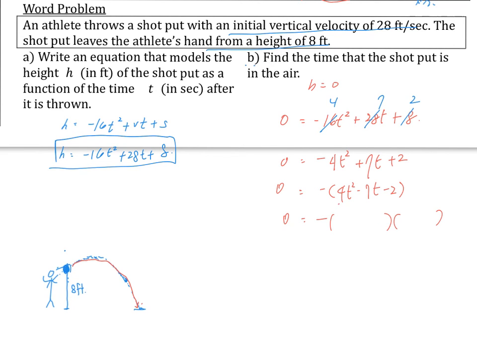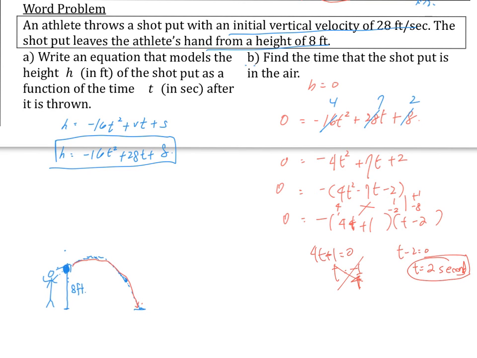So I'm looking at 4 and 1, and 1 and -2, magic cross, -8, +1 makes -7, so I have (4t + 1)(t - 2). So 4t plus 1 equal to 0 will give me a negative time, so we just ignore this, and the other time will be 2, so 2 seconds. And this concludes the lesson.